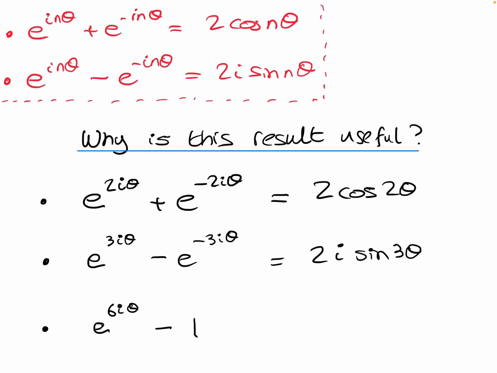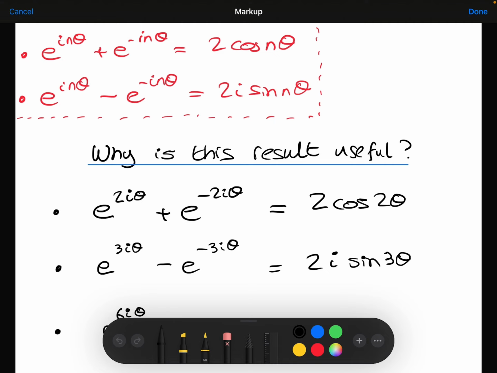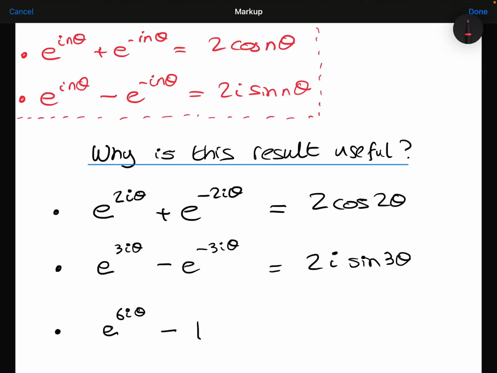Now, those results are useful with what we're going to be doing today because they allow me to rewrite the sum of 2 complex numbers as a trigonometric function. So I can see that adding these 2 complex numbers together actually gives me a real number.